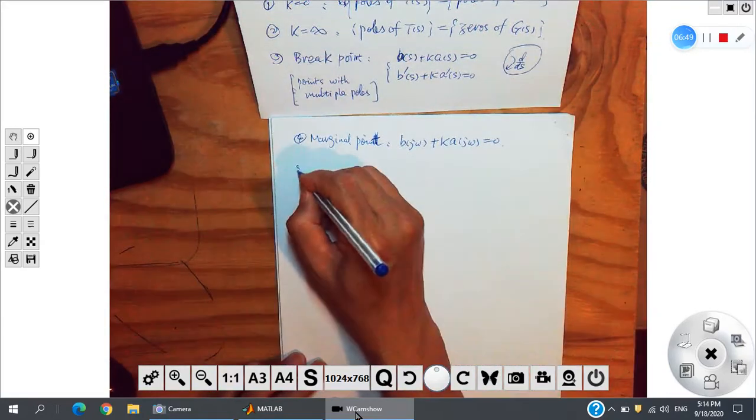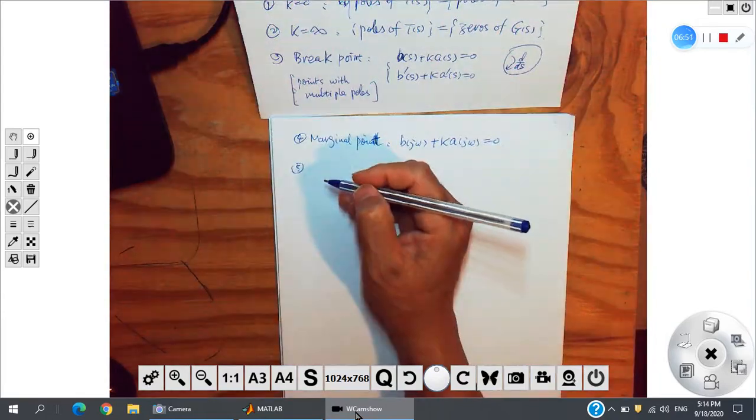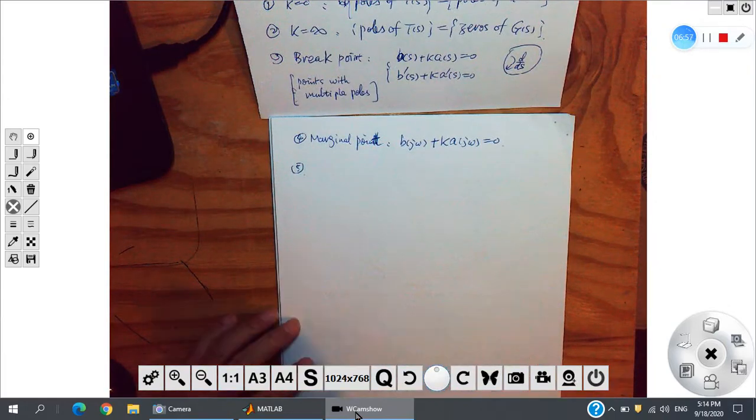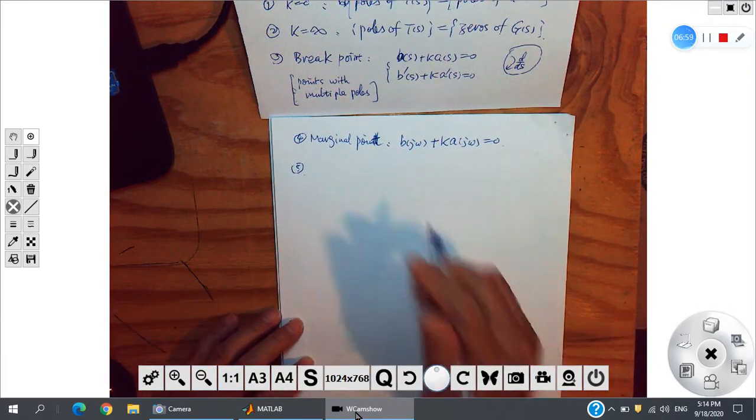And fifth, how many loci do we have? There are some branches, several curves. So how many curves do we have?